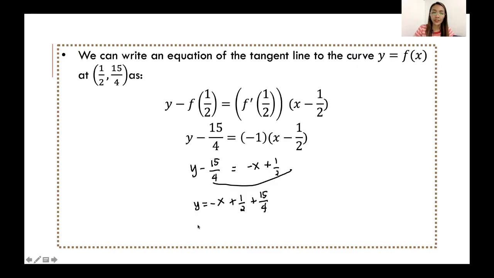So the equation is y is equal to negative x plus 17/4. Okay, so therefore, the equation of the tangent line to the curve y equals f of x at 1/2 and 15/4 is y equals negative x plus 17/4.